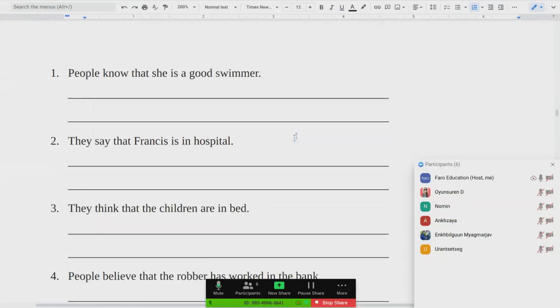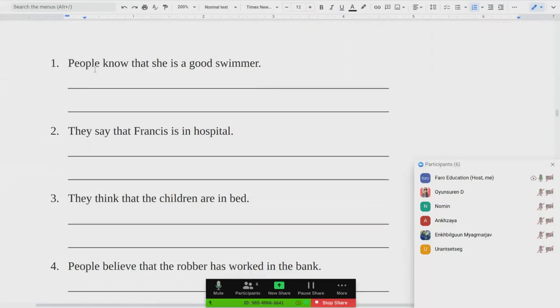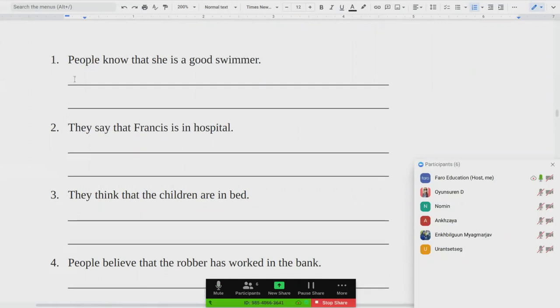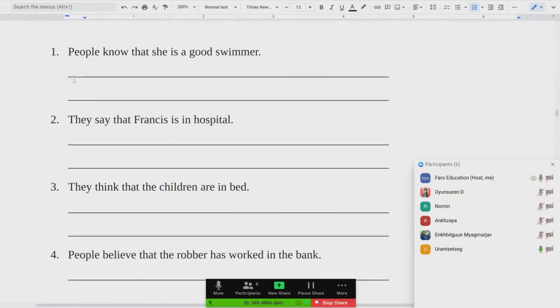За одоо өөрсдөө impersonal and personal passive өгүүлбэр зохиох нь. Өгөгдлөө уншиж байгаад хувиргах нь. Number 1. It is known that she is a good swimmer.